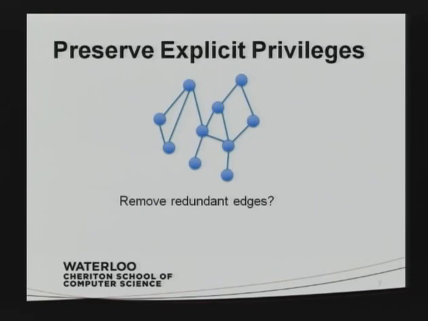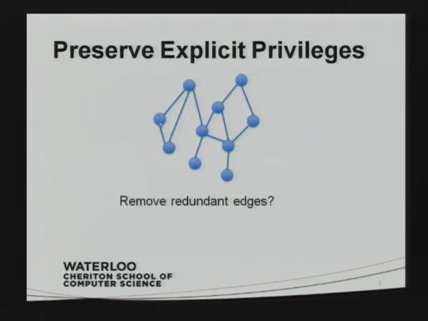This has led to some people saying that we don't need to actually represent the hierarchy the way I've drawn it in this diagram. For example, maybe I can remove the redundant edges. Because this group has this group and this, let's say, individual as two different members, any privileges assigned to this group are also assigned to both of these.